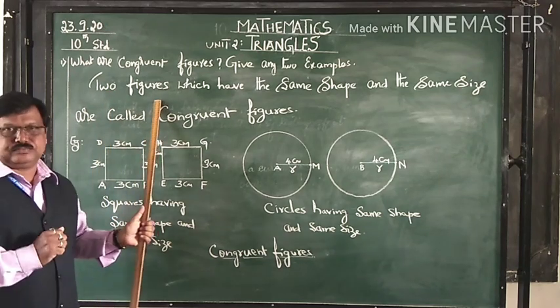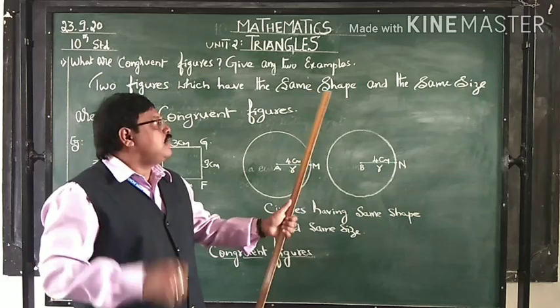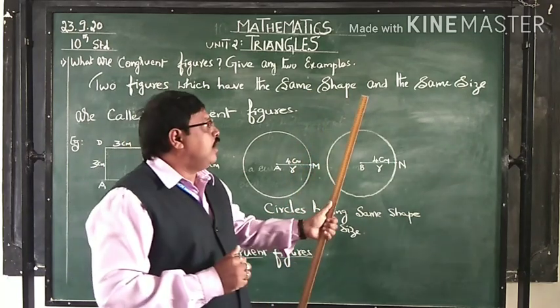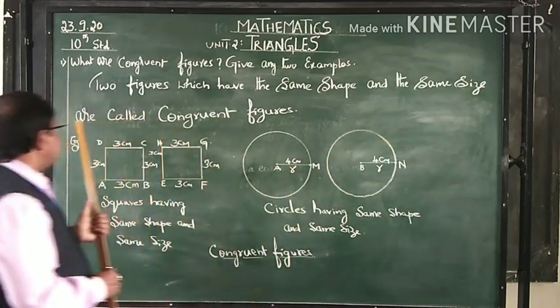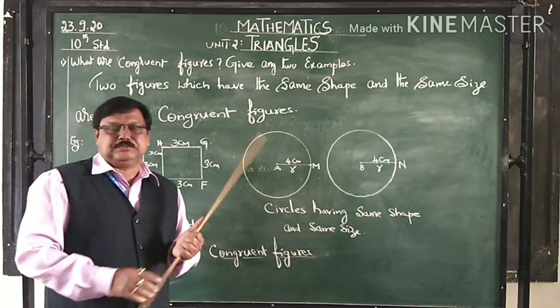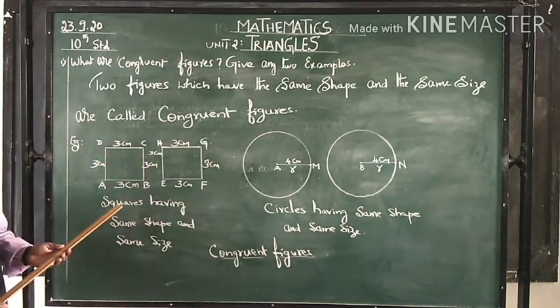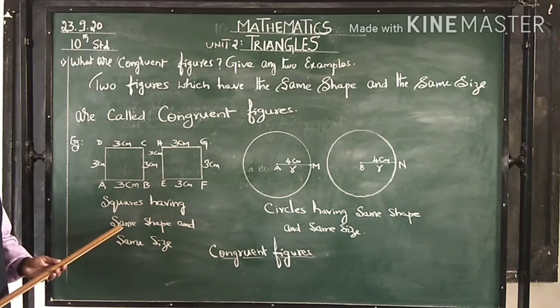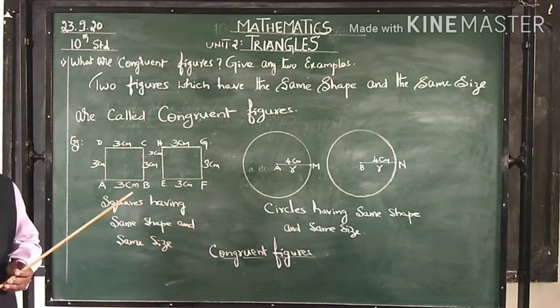Two figures which have the same shape and the same size are called congruent figures. See some examples here. Squares having same shape and same size.